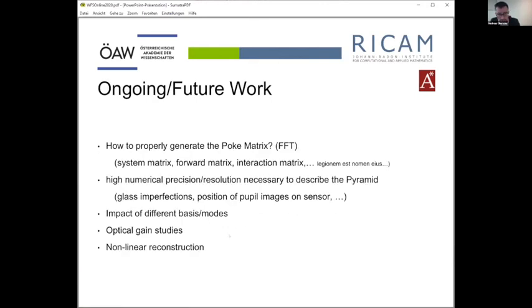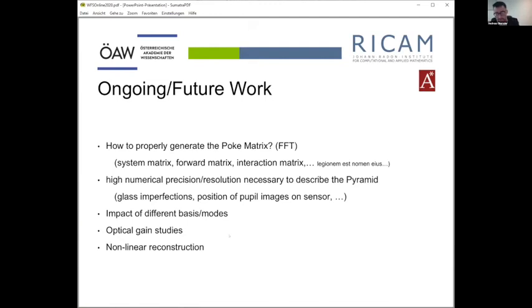Okay, so the ongoing future work. Right now we do somewhat of an inverse crime. We generate our poke matrices with the same forward simulation that we later on use in the simulation. So the system is perfectly calibrated. Our forward simulation just knows what's going on. I did play around a little bit with the discretization of the forward simulation, so really fine sensing.